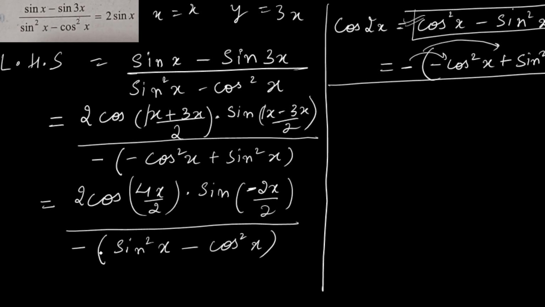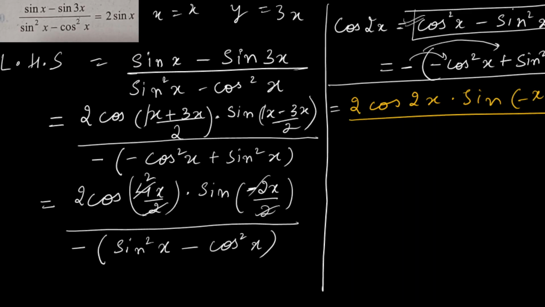Now let's simplify it further. Here we can do cancellation. So I am getting here 2 cos 2x into sine of minus x. Denominator, what am I getting? Now sine square x minus cos square x. One second, I think here I have to write it in another way.